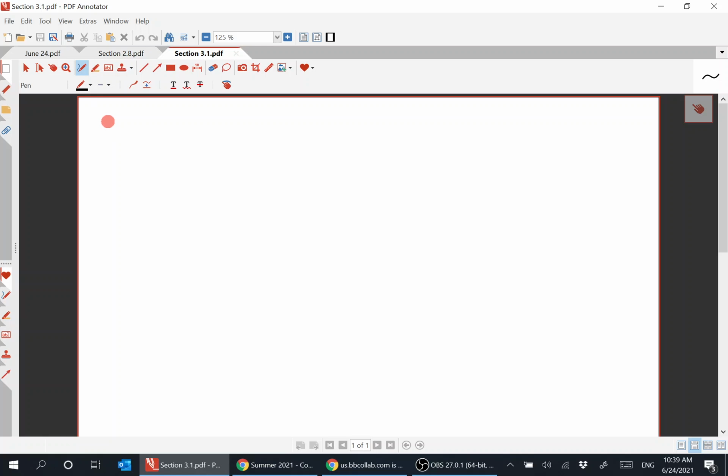All right. Moving on, let's start on section 3.1, which is on quadratic functions. So we've talked about linear functions already.